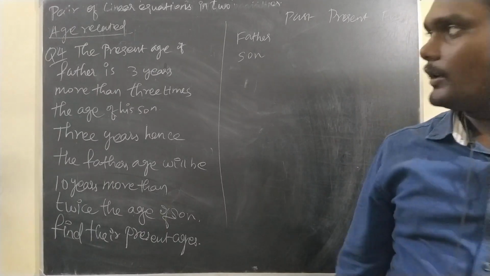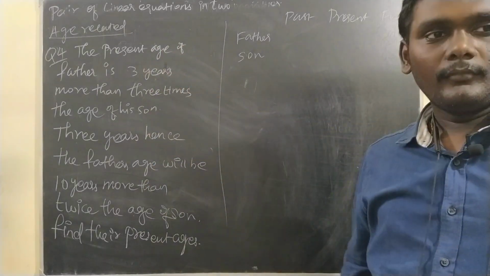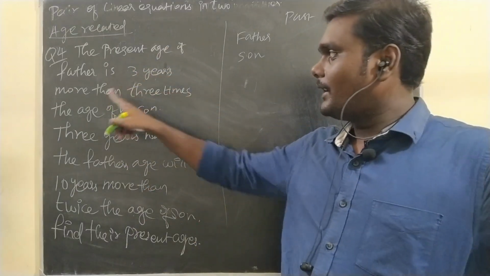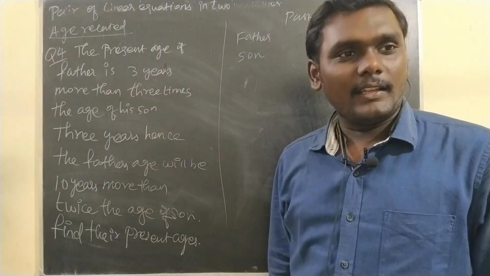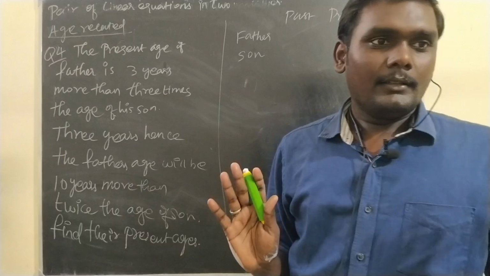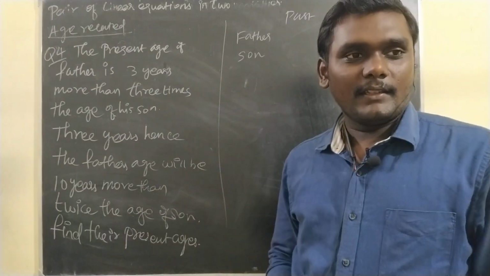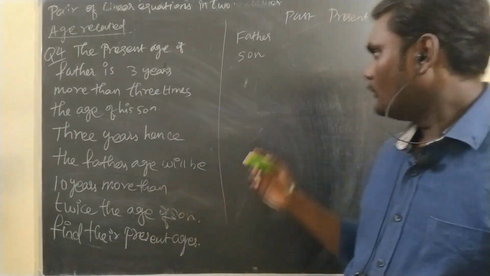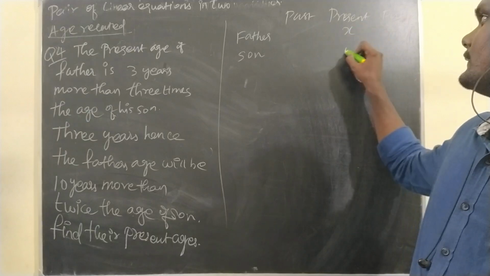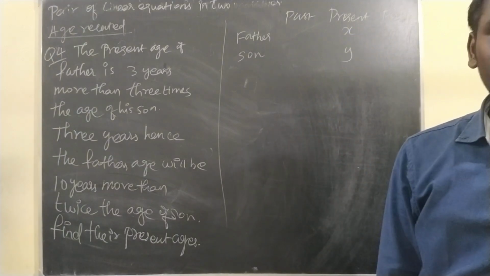Present age, do we know? The present age of the father is 3 years more than 3 times the age of his son. We'll come back later. So let father's age be X, son's age be Y.